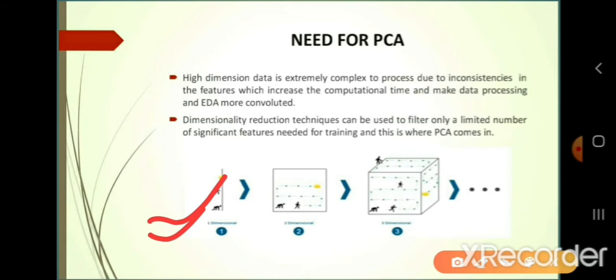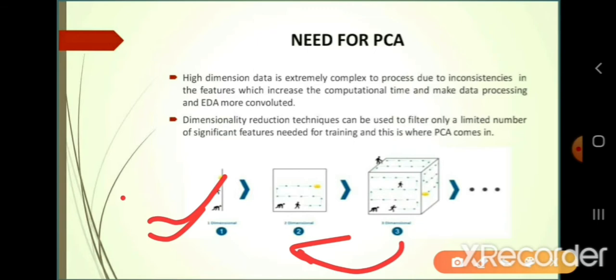To get rid of this curse, we came up with the process of dimensionality reduction, reducing the dimensionality to get a simpler prediction.